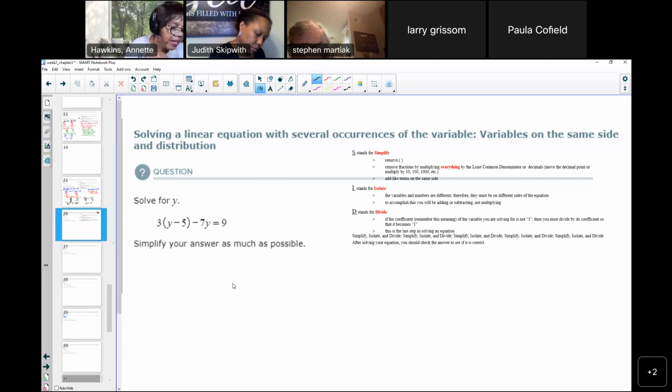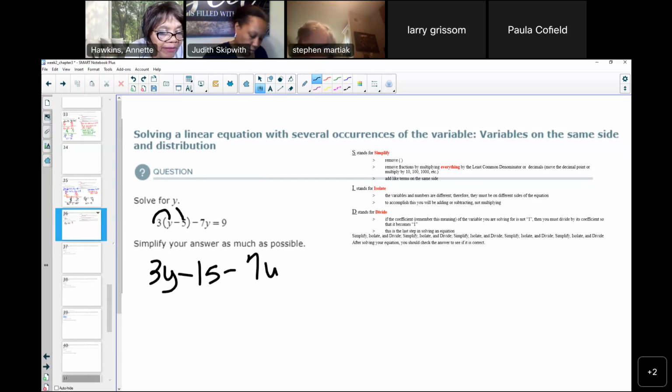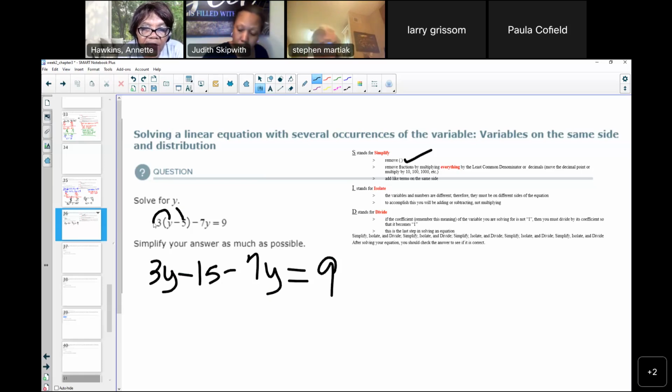So therefore, I need to remove the parentheses. And to do that, remember we're going to use that distributive property. 3 times 5, 3 times y. So this is 3y minus 15 minus 7y equals 9. Okay? So I remove the parentheses. I don't have any fractions or decimals, but I do have like terms. So let's do the like terms right here.